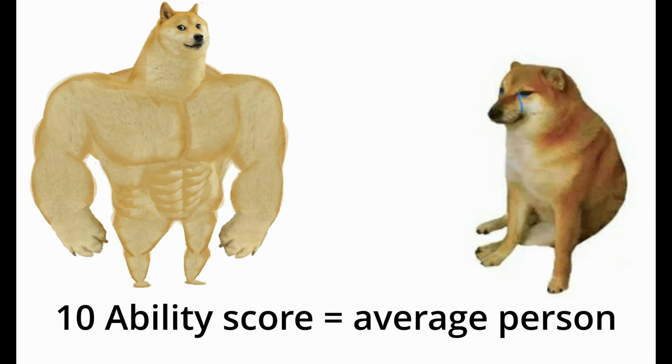With that in mind, those with a 10 ability score is viewed as average. So those that have a higher ability score, so let's say if you have an 18 for strength, you are really strong. Versus if you have like a 6 or an 8 for strength, you're kind of a wet noodle.